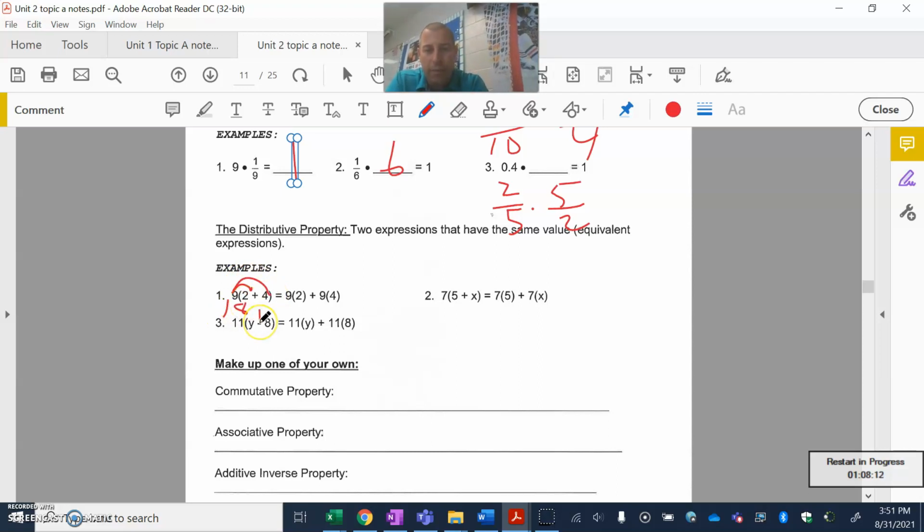So 18 plus 36. All right, that ends up giving us 54. Well, if we do 2 plus 4 and we get 6, 9 times 6 also gives us 54. So it's the same thing. We don't use this with order of operations, though.